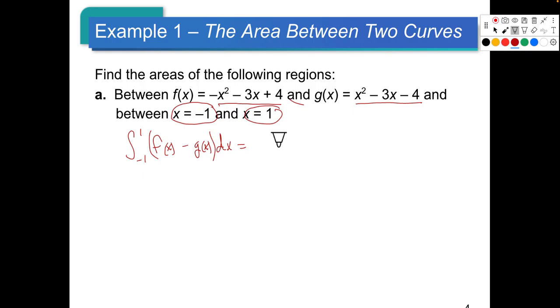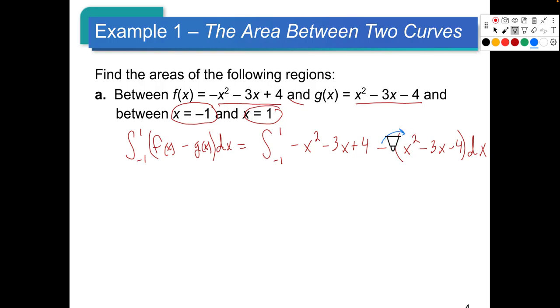Which is going to be the integral from -1 to 1 of negative x squared minus 3x plus 4 minus, what is g of x? x squared minus 3x minus 4, dx. We can distribute the negative, right?